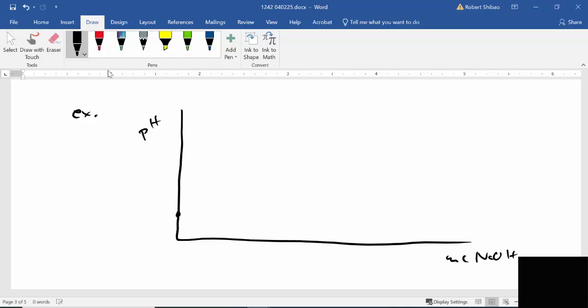I like to calculate the initial pH. And so this is 1, the initial pH. And then I'd like to calculate, okay, if this is the equivalence point here, then I'd like to calculate what we call the half equivalence point here.